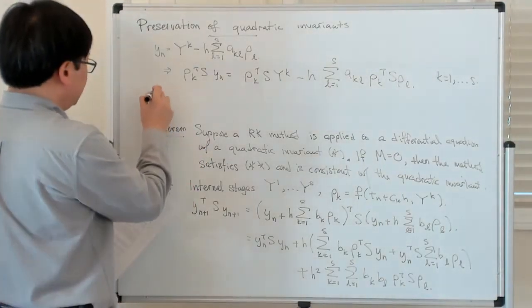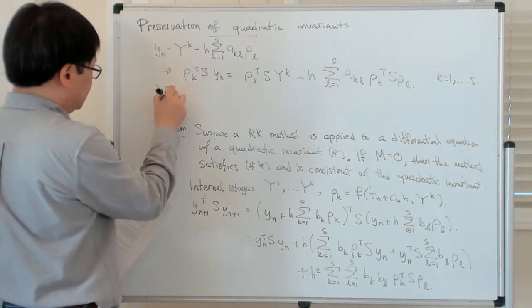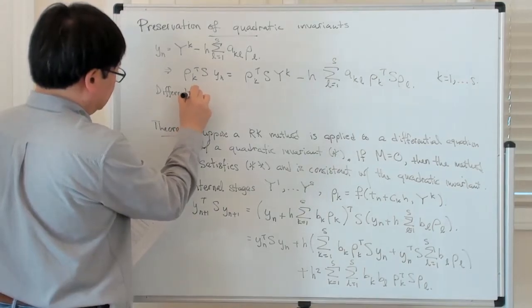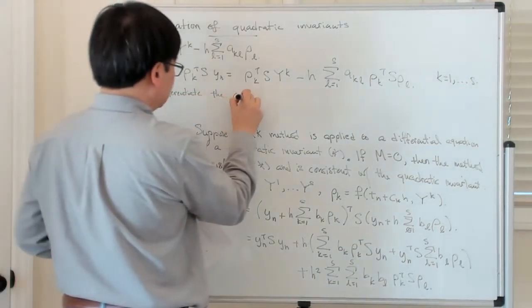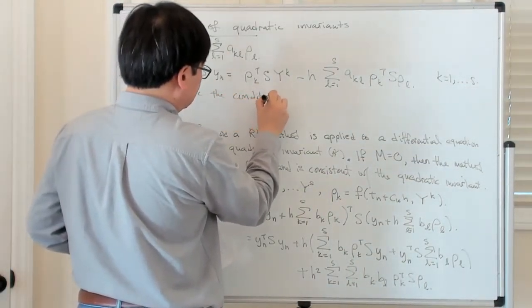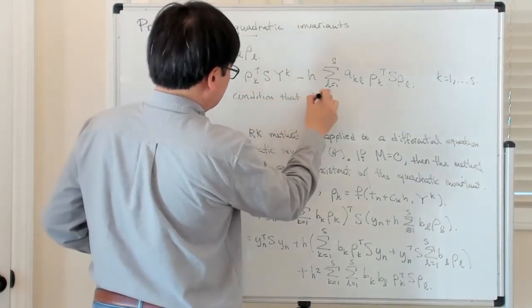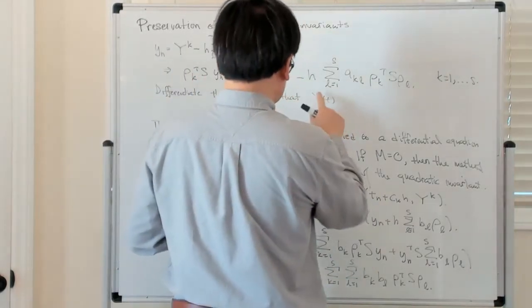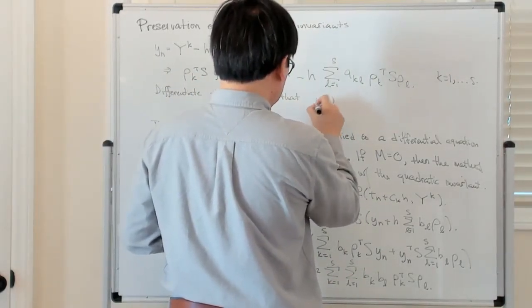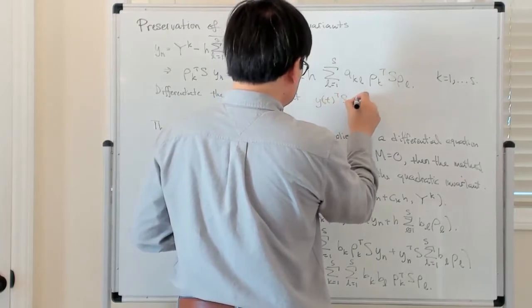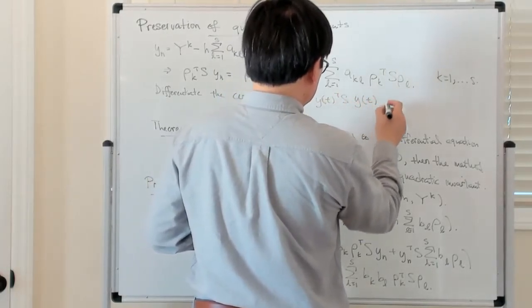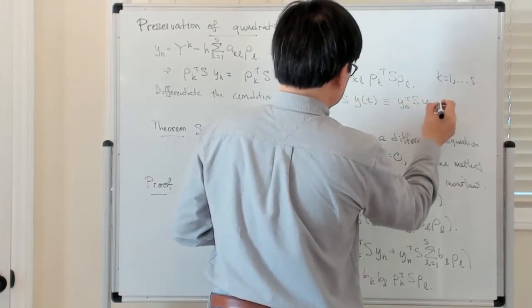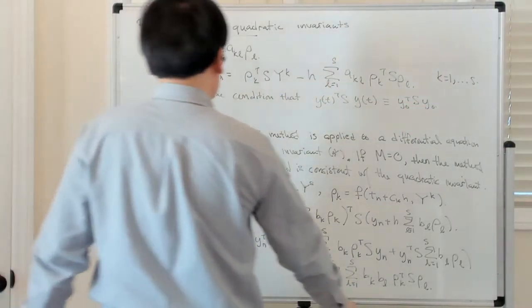Okay, so I need to differentiate the condition that y of t transpose S y of t is identically equal to y0 transpose S y0.